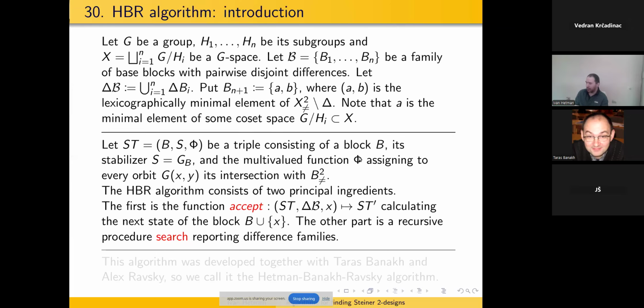This phi is the most complicated thing, and inventing it was, I would say, not obvious.